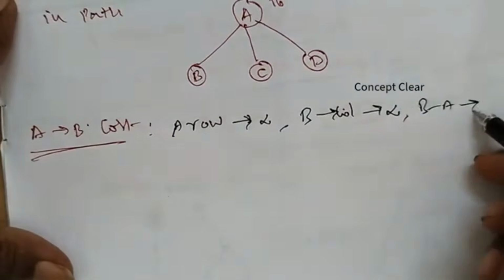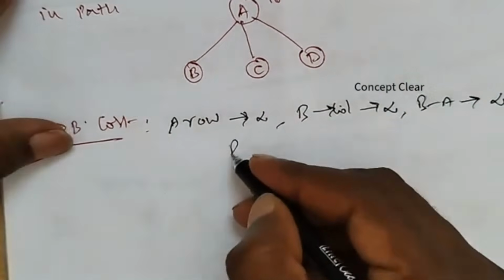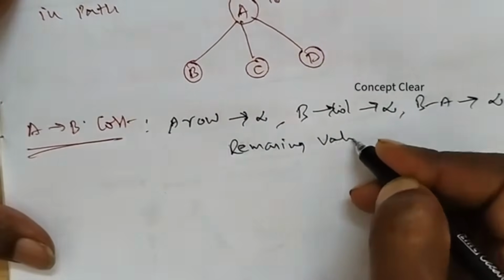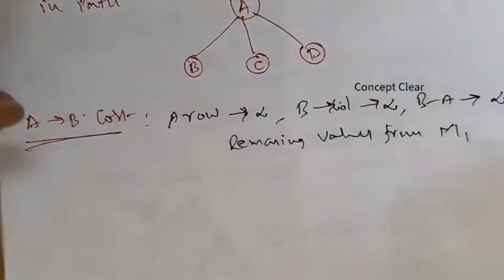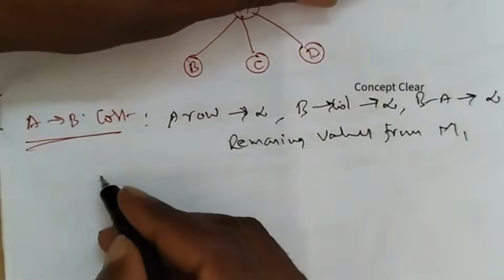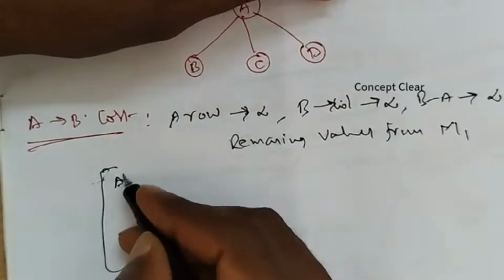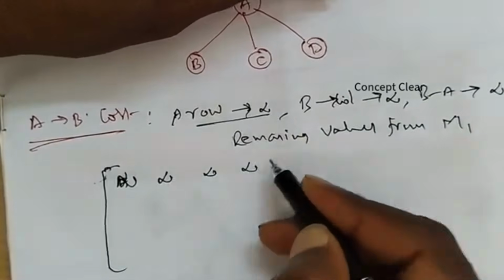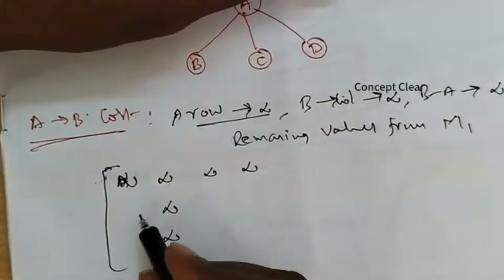The remaining values are from M1. So A row is infinity: infinity, infinity, infinity, infinity. The B column is infinity. And B to A is infinity.